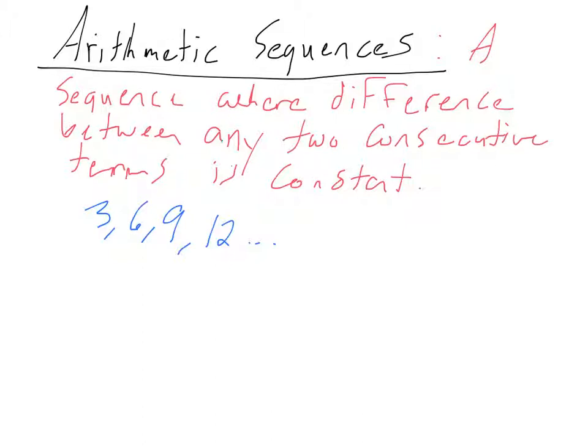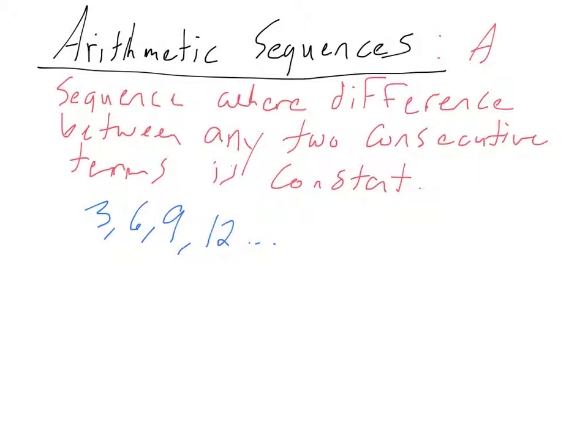That's an arithmetic sequence because we're just adding the same amount each time to the previous term to get the new term. And as a result, this is a really easy thing to define recursively.